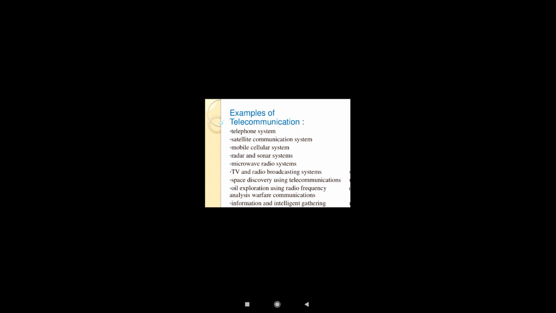I will just explain information and intelligence gathering. It's also known as reconnaissance. It's a means of telecommunication called reconnaissance, and this reconnaissance could either be passive or active. Information and intelligence gathering is something most of us, if not all of us, do.